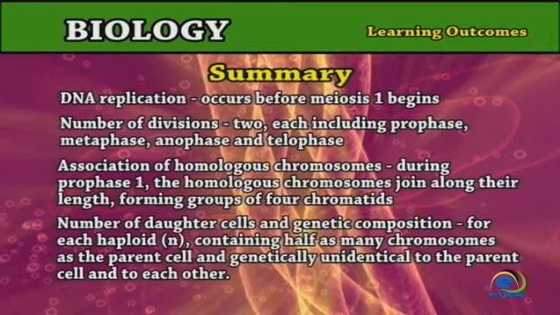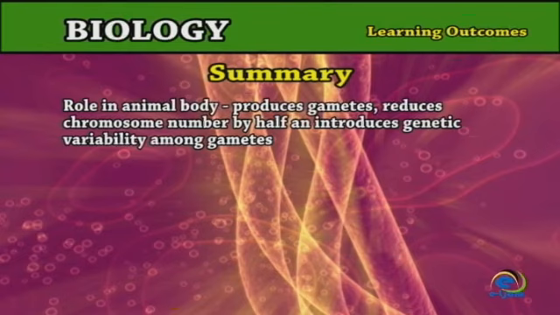Number of daughter cells and genetic composition. 4. Each haploid N containing half as many chromosomes as the parent cell and genetically unidentical to the parent cell and to each other. Role in animal body. Produces gametes, reduces chromosome number by half, and introduces genetic variability among gametes.